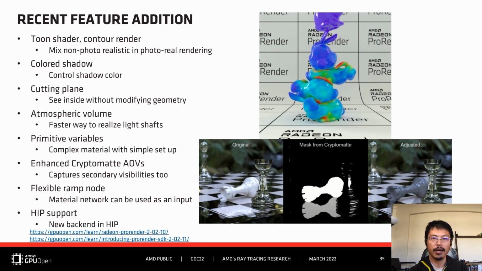The matte you see in the middle is the improved Cryptomatte we implemented in this release. It captures these visibilities and then we can use it to recolor the image more naturally. So the recolored image is shown on the right.